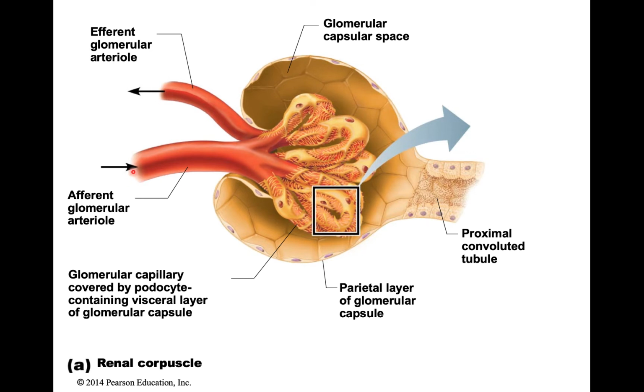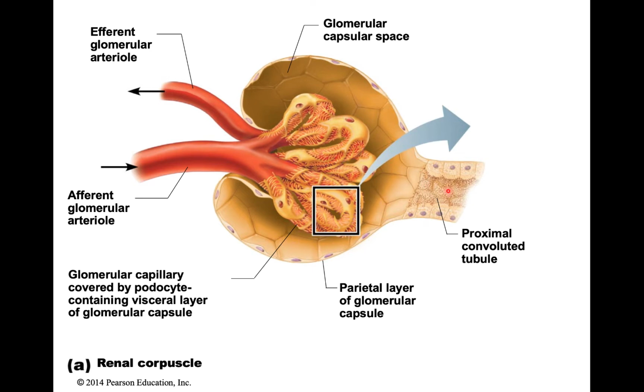When blood comes in and filters out of the glomerulus, it filters out into this capsular space and it eventually all gets pushed into this opening right here. We haven't talked about what this is yet, but don't worry about it just now. Just know that blood comes in. It has to get filtered out of the capillary and in between all these little legs of the podocytes, and then it collects in the capsular space to go into the PCT.